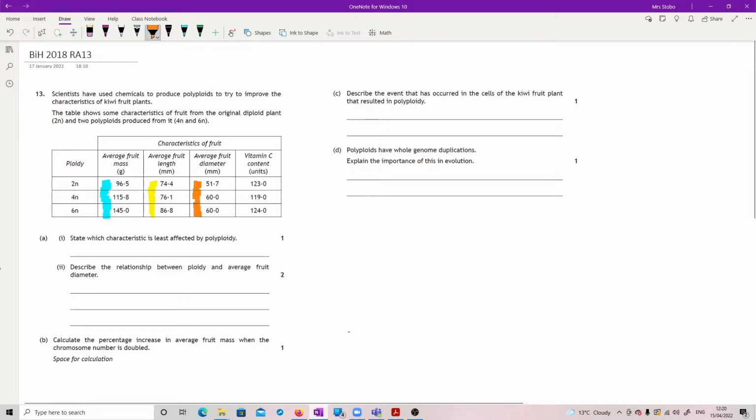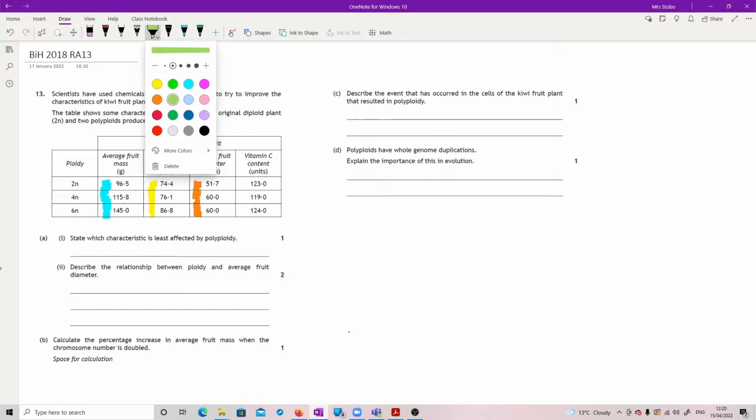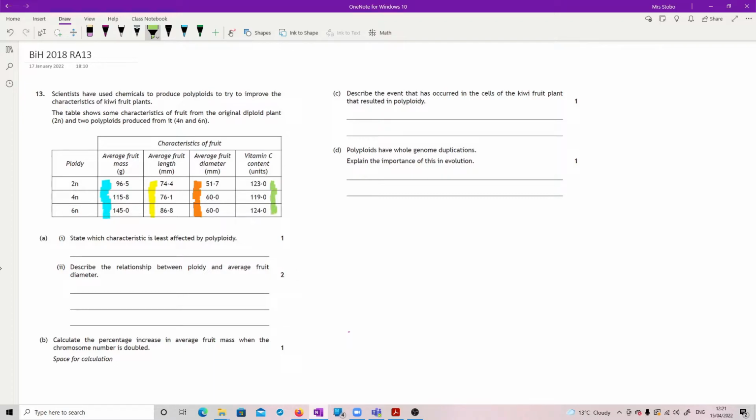So there we go. And just to check, vitamin C content, 123, 119, 124. Actually, I prefer my vitamin C content now. Okay, so which characteristic is least affected by polyploidy, given that this has got the least variation, I'm going to go vitamin C. Always check to the end.